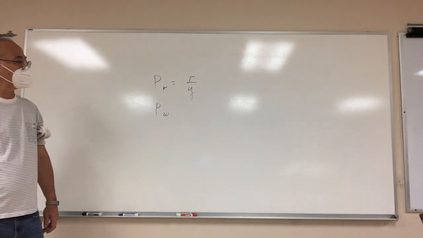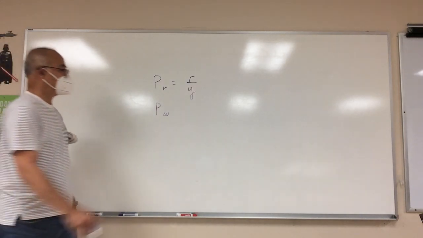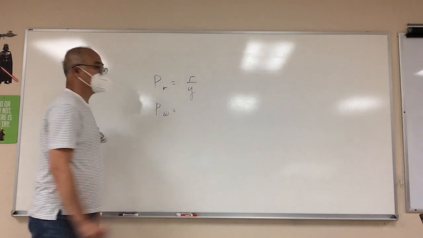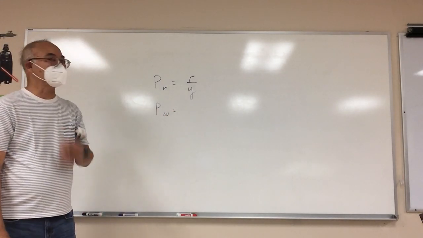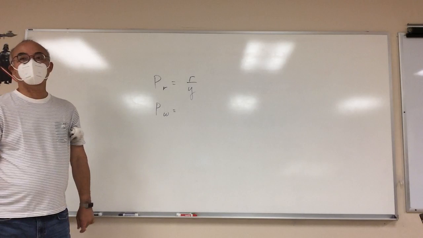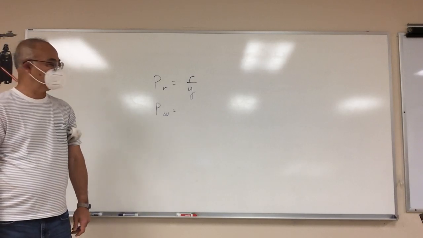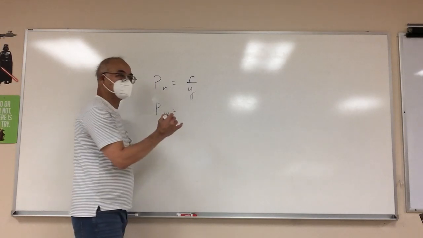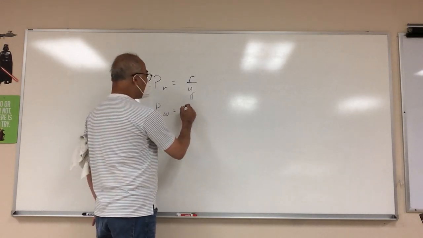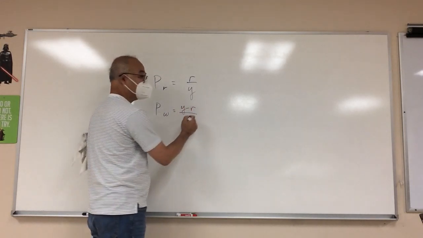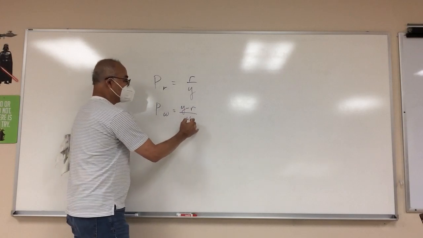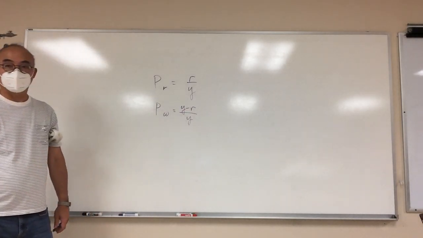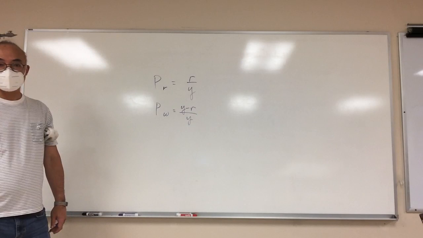Okay. So what would the answer be? How many white marbles are there? If there are a total of Y, and there are R number of reds, it'd be Y minus R, right? Over Y, right? Does it make sense?